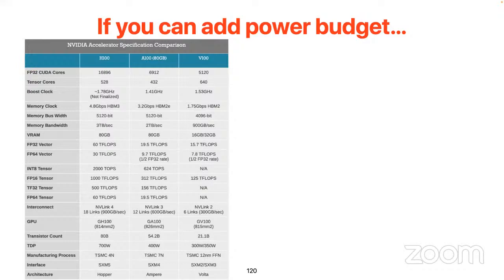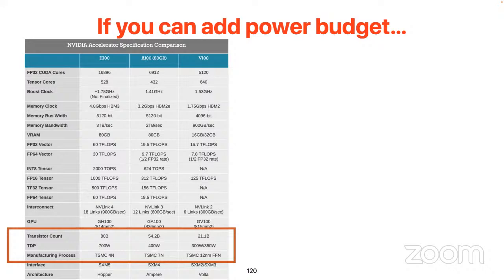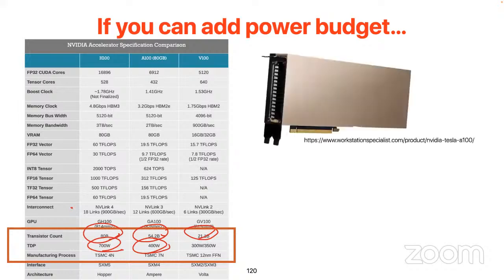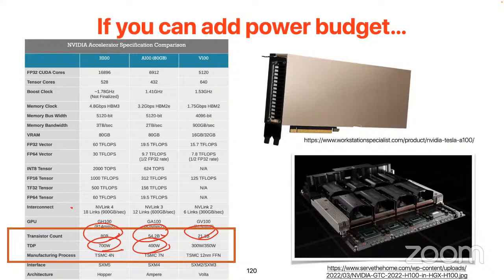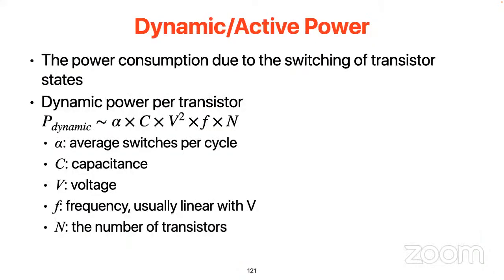In fact, you can have more circuits, but the result will be like what happened in GPUs nowadays, where NVIDIA's GPUs are able to put more transistors in there. But if you look at the power consumption, it's actually significantly increased. So this is not possible. This is possible for GPUs, but probably not possible for processors.